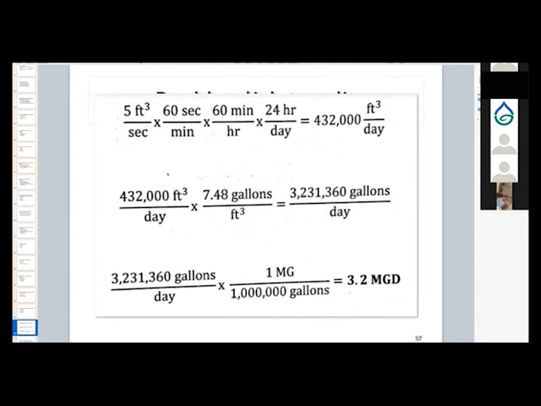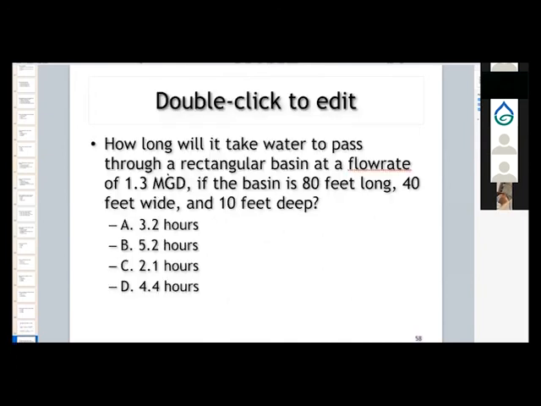Now you're converting the 432,000 cubic feet per day to gallons by using the conversion of 7.48 gallons per cubic foot, and you get 3.2 million gallons per day. These are slides that you'll be able to keep in reference and study for the exam, and hopefully it helps you out.